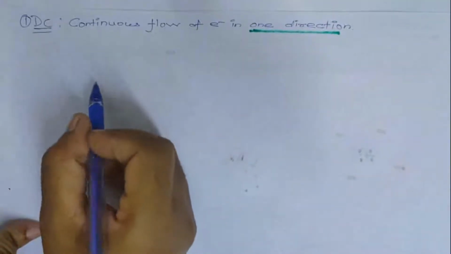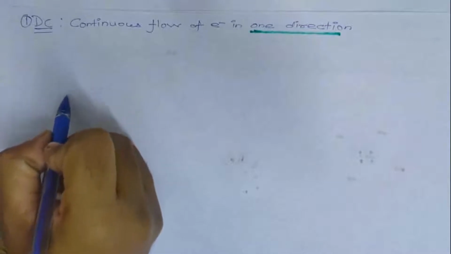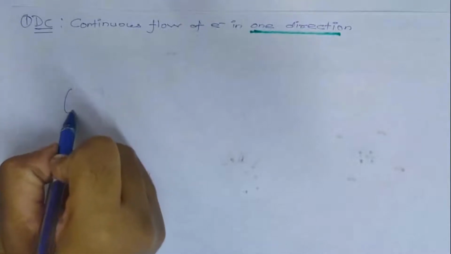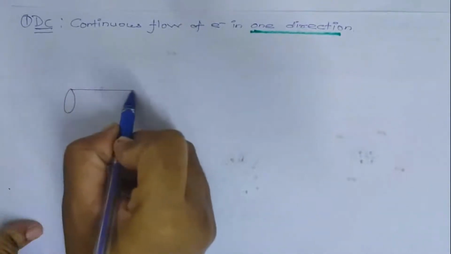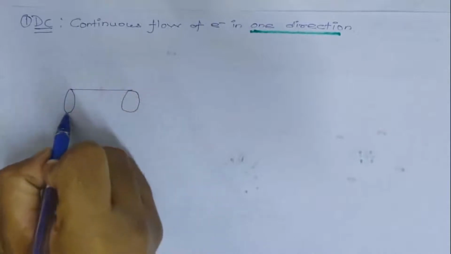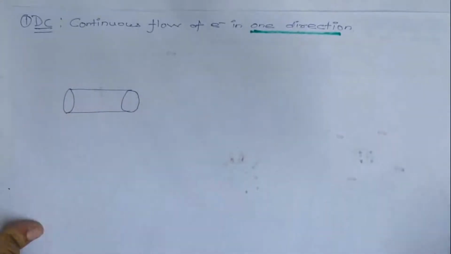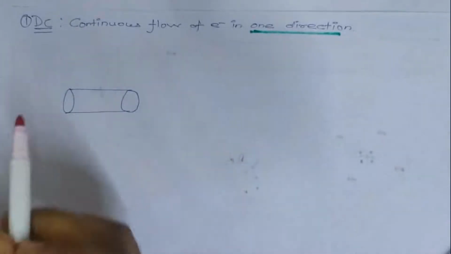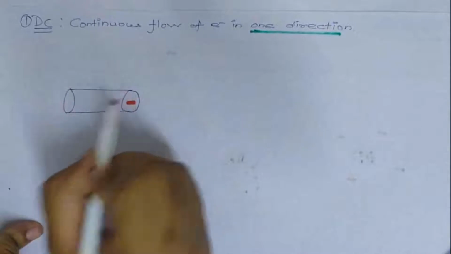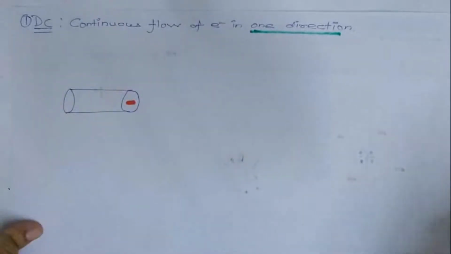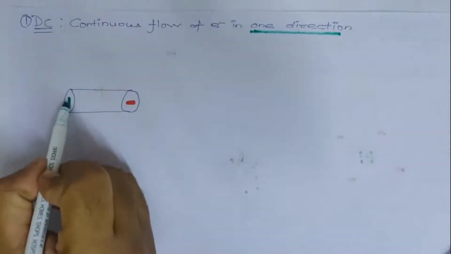You must have seen a pencil battery. It has two terminals. Go and observe a pencil battery. One terminal is indicated minus and another terminal is plus.